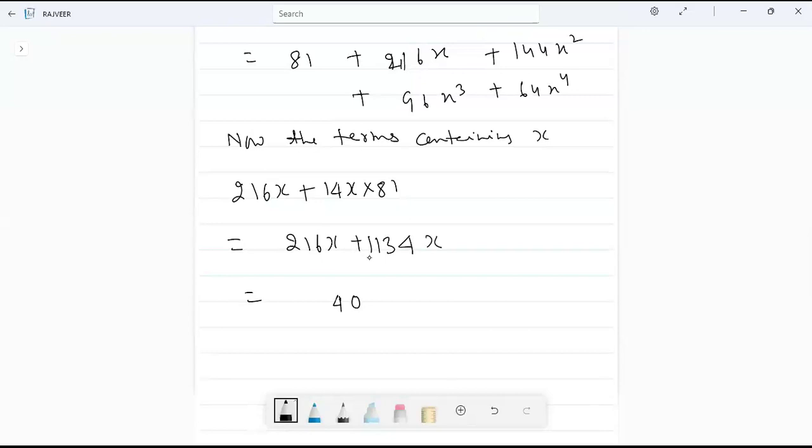So it is 1350x. Therefore, coefficient of x is 1352. What is the answer? Yes, answer is the same. We have the same answer.